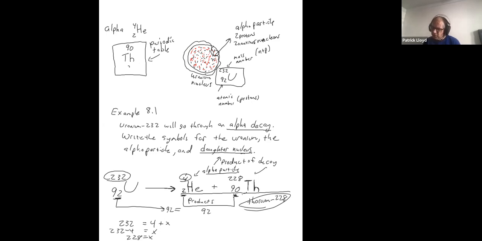So the number on the bottom is the atomic number, and those have to add up on both sides. And the mass number on the left has to equal the sum of the mass numbers on the right as well. Now, since that involves a few steps, I just want to find another example for us to go through so that you can see this.